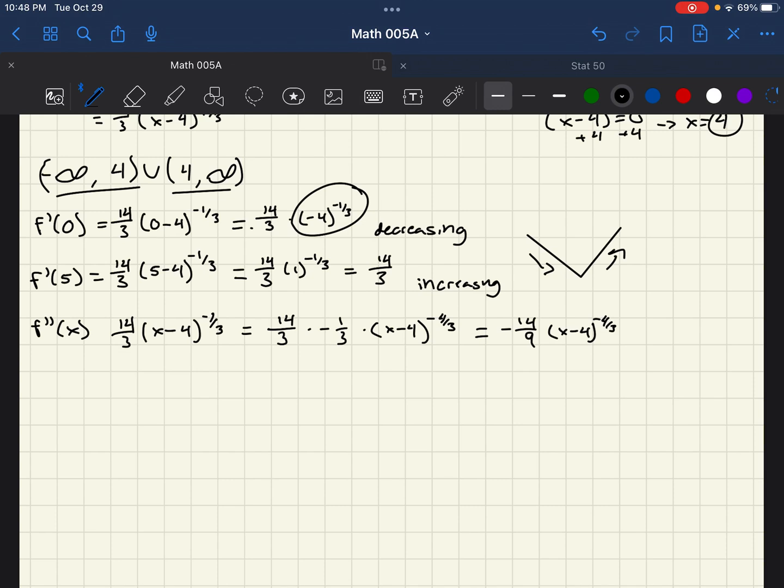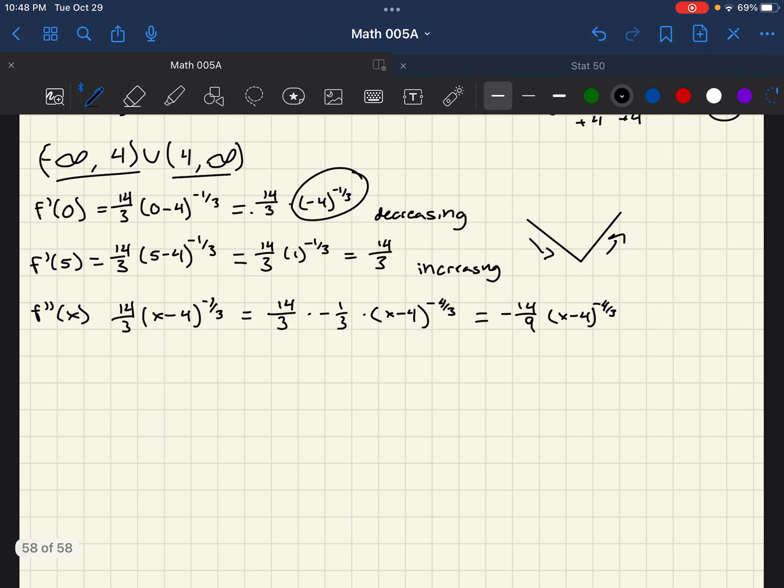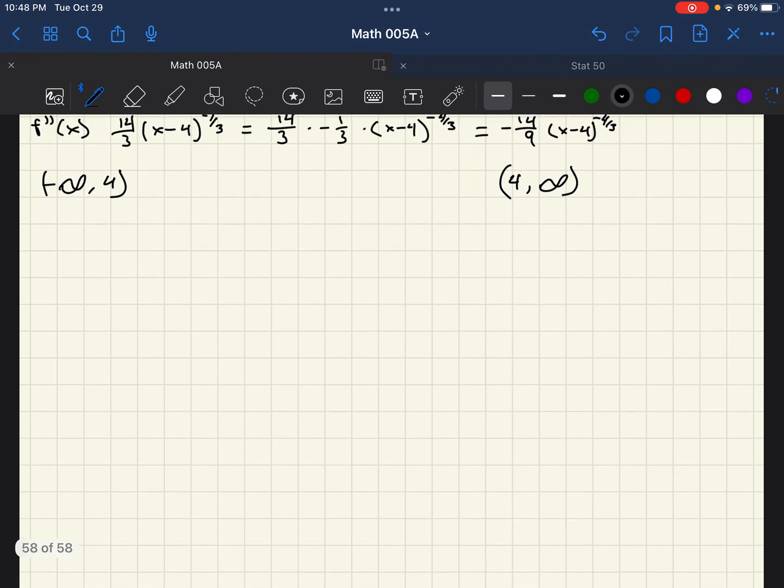Okay, so now we need to do it on each interval like we did over there. So we'll first do negative infinity to 4, and then 4 to infinity. So let's choose the same test points, x equals 0, x equals 5.